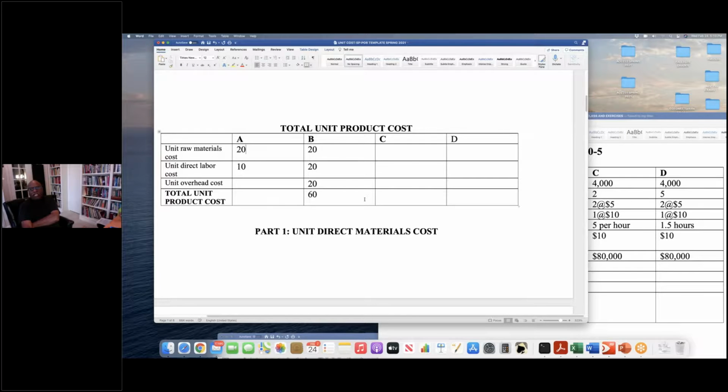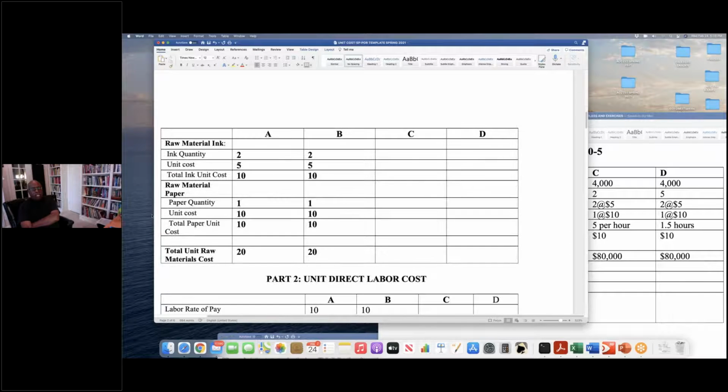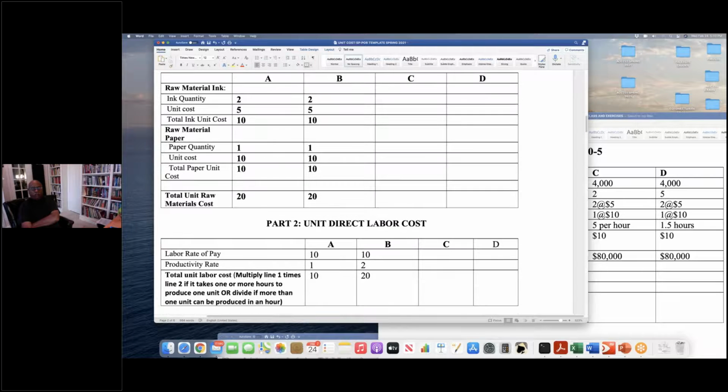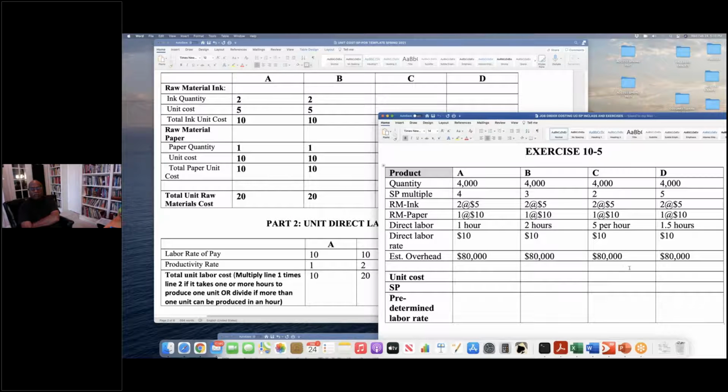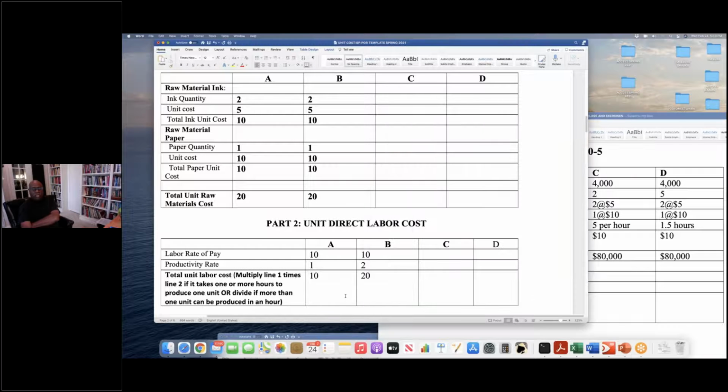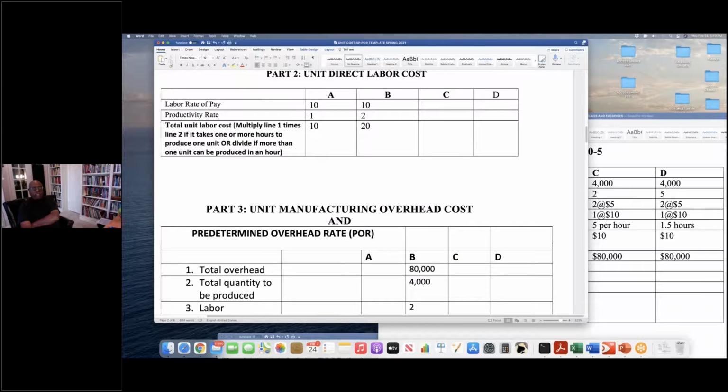Now we need the overhead costs. So hopefully, are they clear on how we got labor? We simply multiply 1 by 10. What are we going to do next?